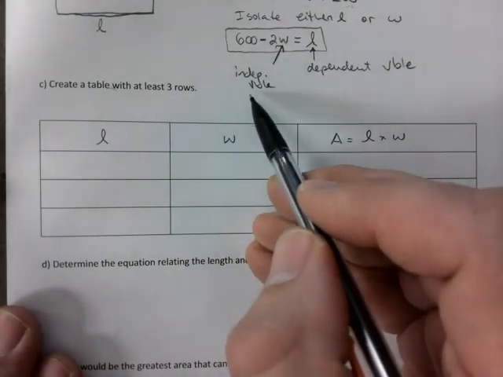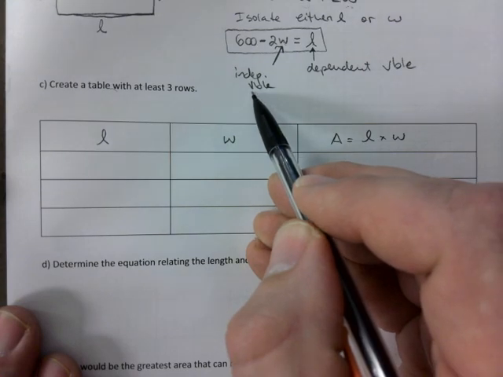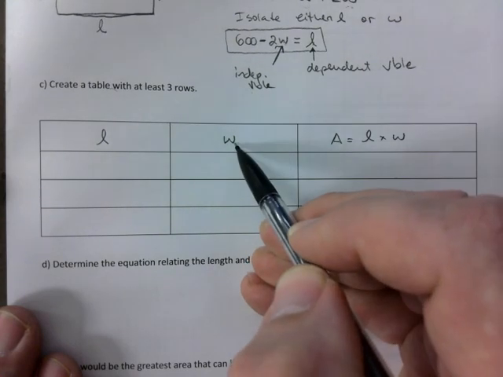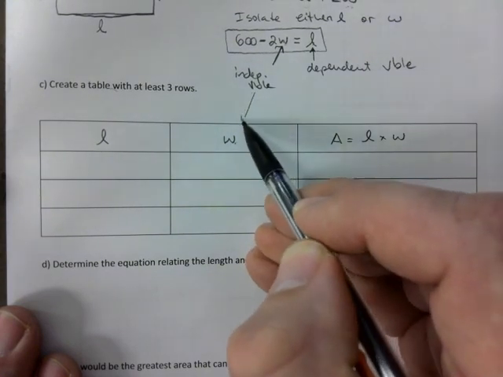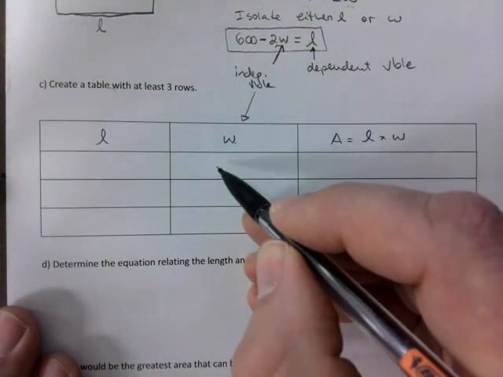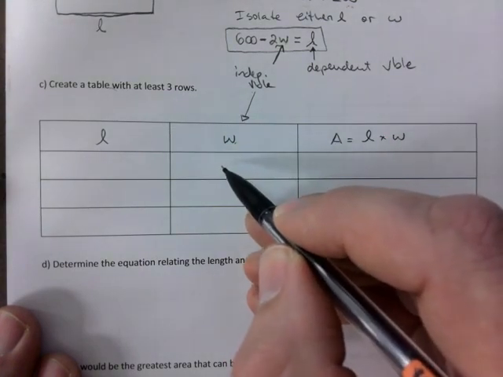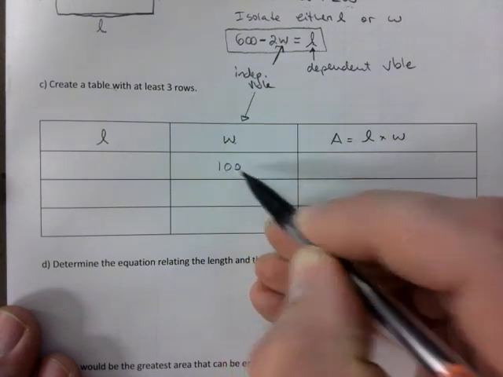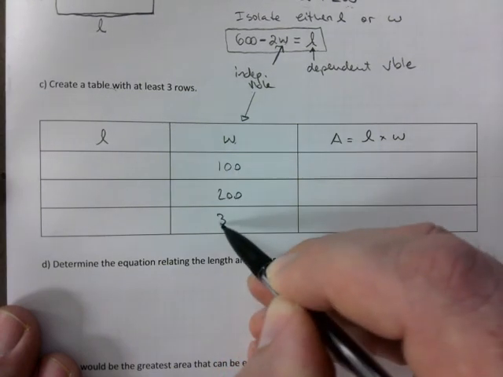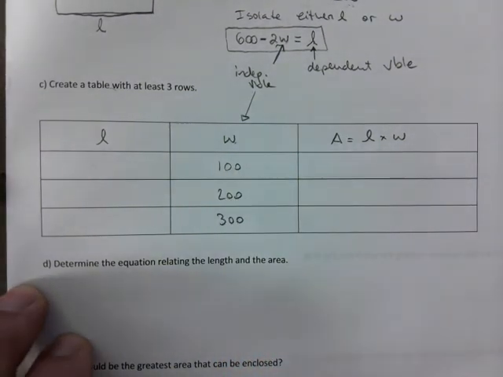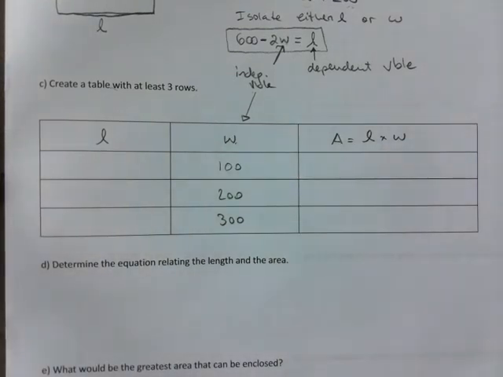And so watch this here. The independent variable is W in this case, right? You let that be something, anything you want. I tend to go 100, 200, 300. Sometimes I go 50, 100, 150. It really doesn't matter. To be honest, 1, 2, 3 would work.